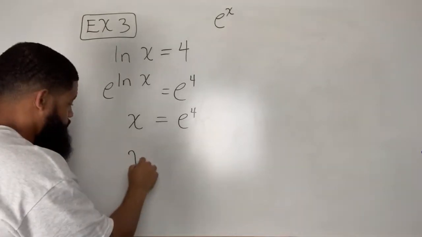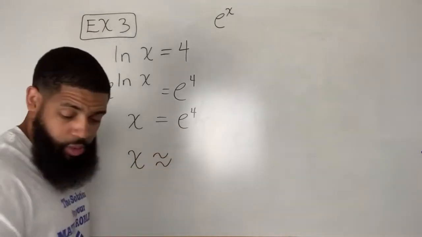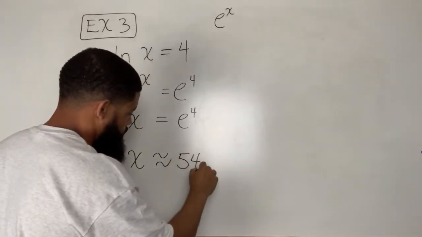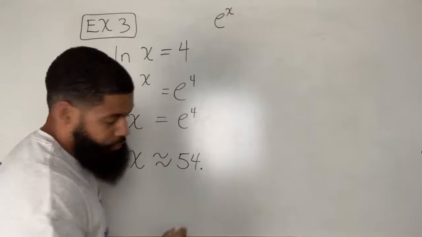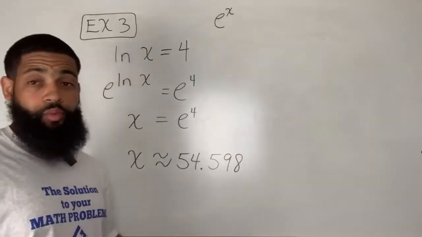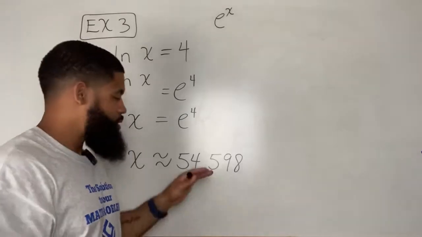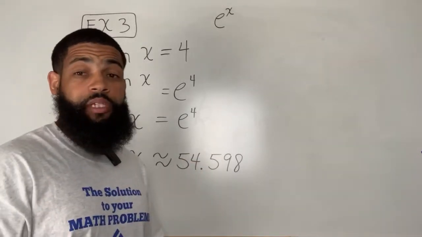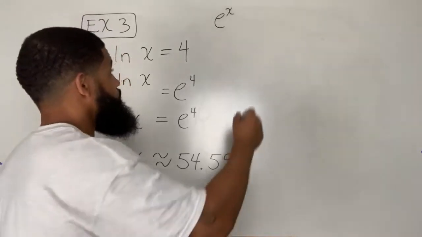I can get that approximation from the calculator, and it is approximately 54.598. Now remember, when we're approximating, like I said, your values may be slightly different depending on how many decimal places you're rounding your answer to.